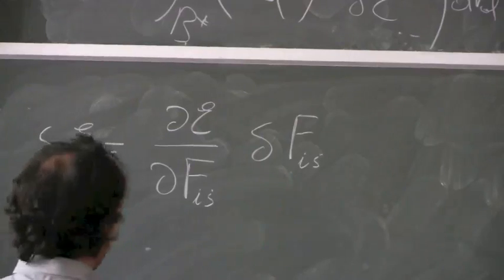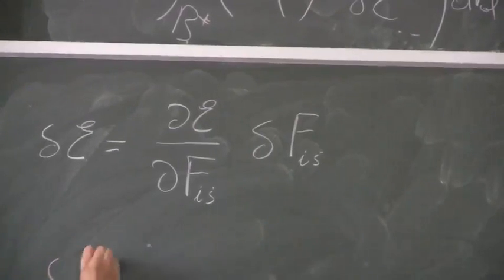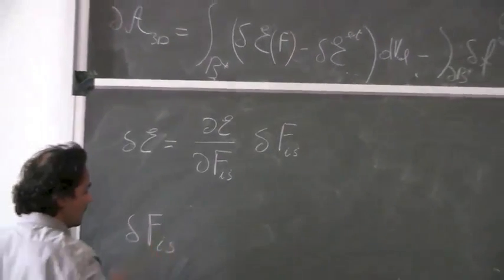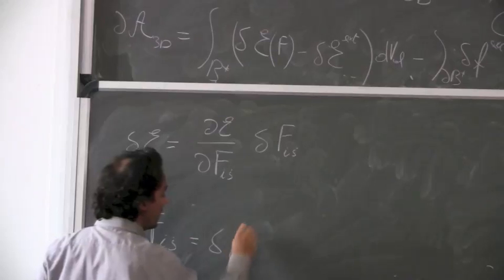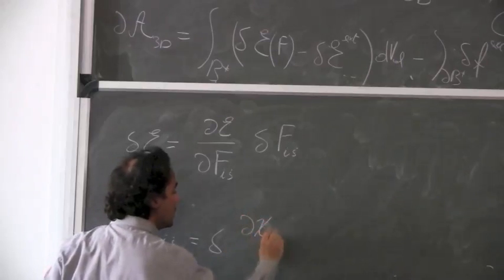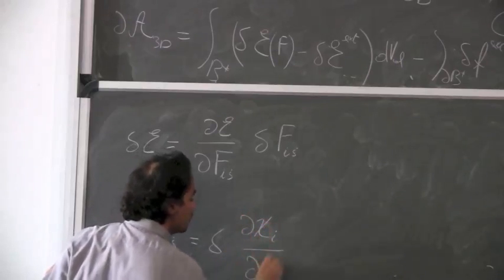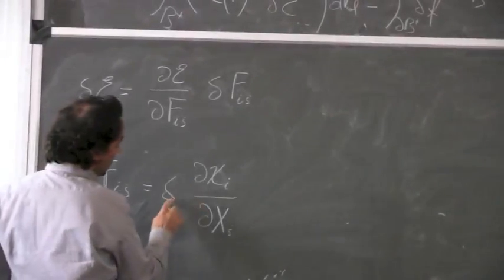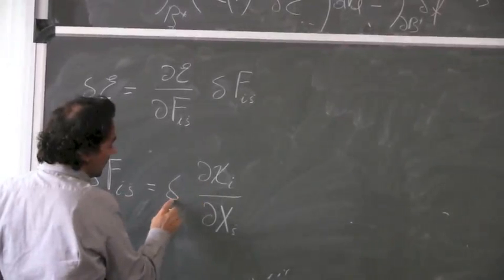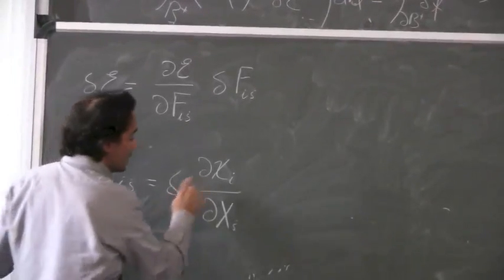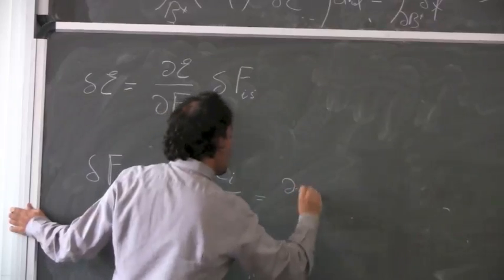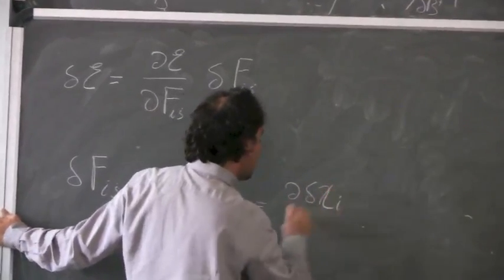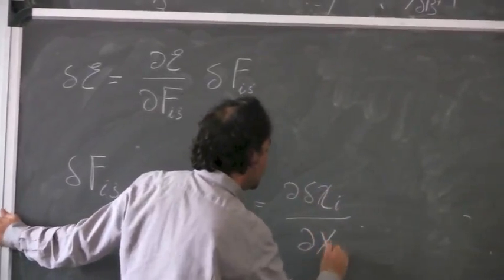But this, what is it? This is the variation of the derivative of chi i with respect to Xj. So we can put inside this symbol of variation, we can say that this is the derivative of the variation of chi i with respect to Xj.